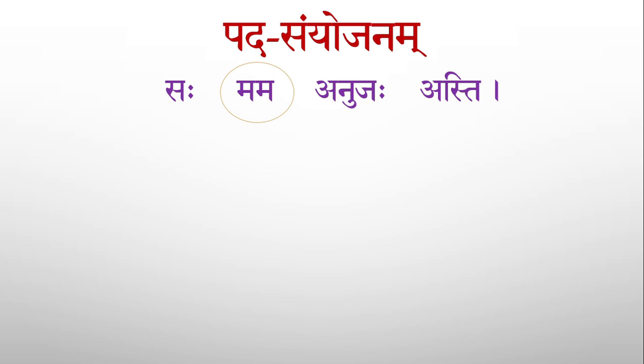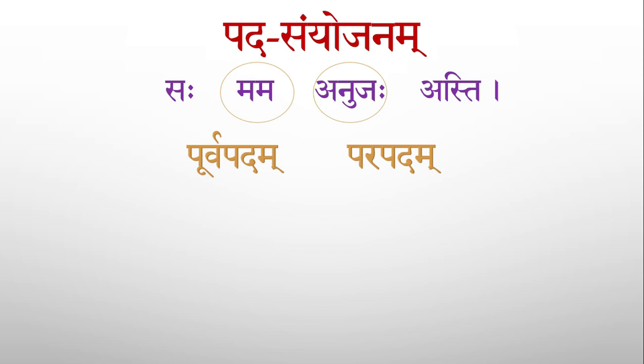In the sentence, Saha Mama Anujaha Asti, Mama is the first word. Whichever comes first is called Purvapadam. The word that comes thereafter, that is Anujaha in our example, is called Parapadam in Sandhis. So, the joining of the 2 words, Purvapadam and Parapadam, is called Sandhi.